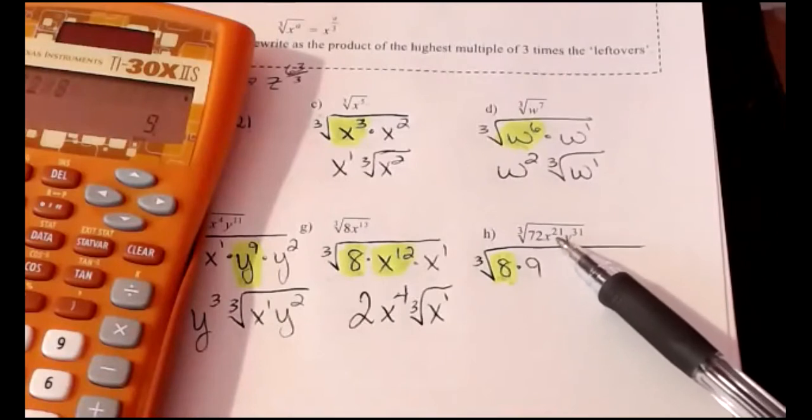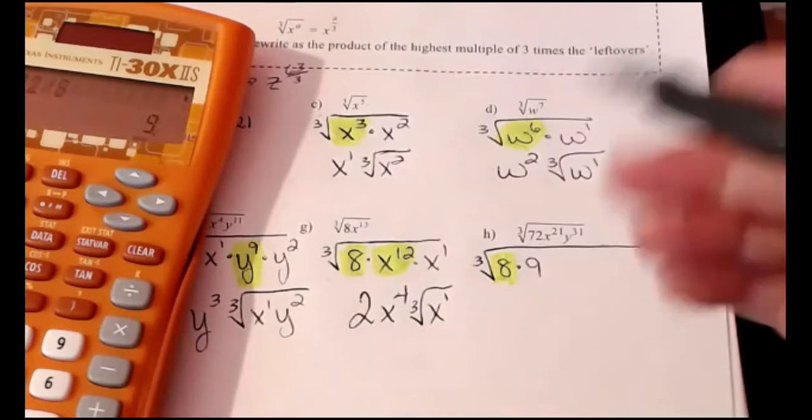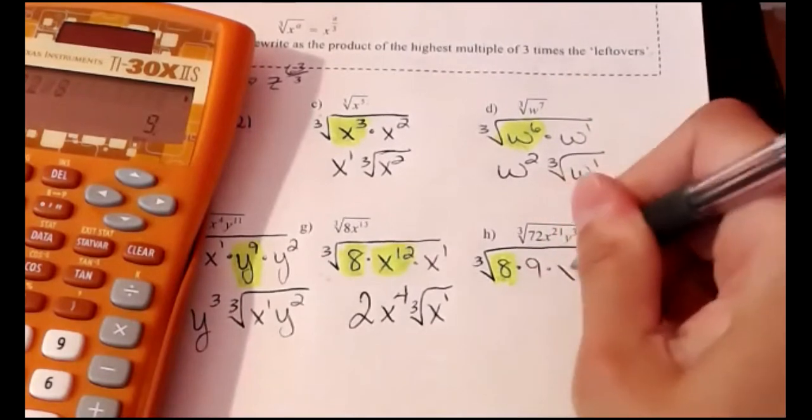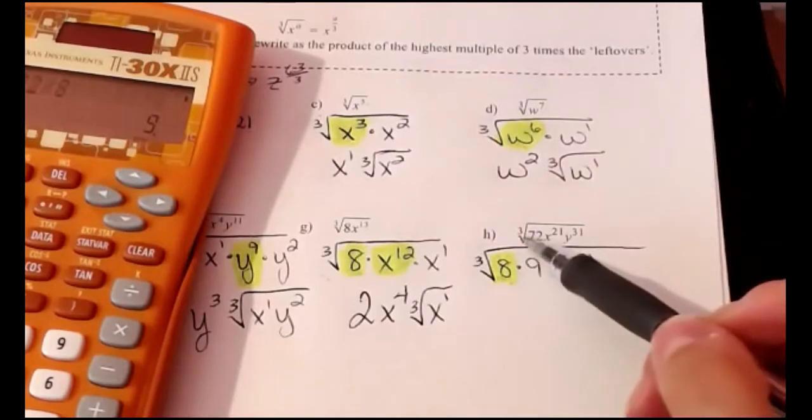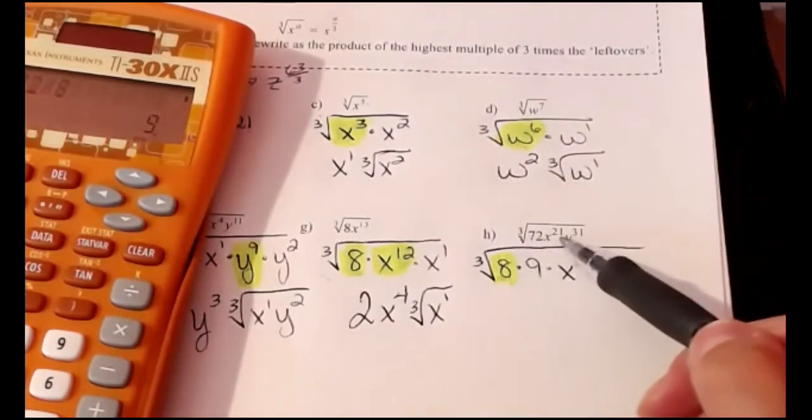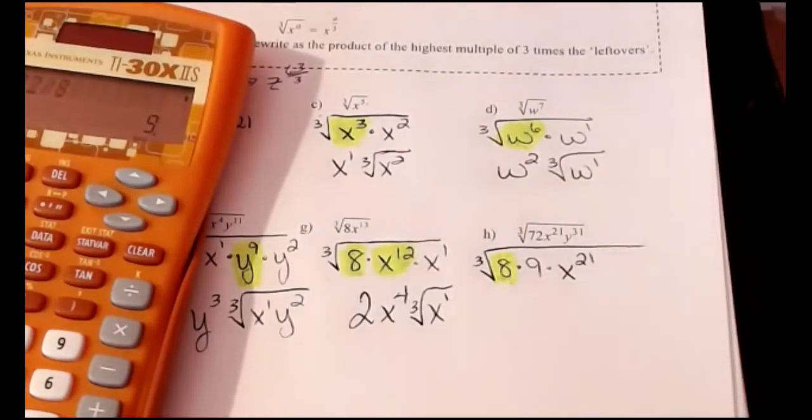Do you see how this power is a multiple of 3? So if I took x to the 21st and took the cube root of it, what would that leave me with? I'm trying to connect the dots. I know 7 times 3 is 21. There you go. You just said it. 7.